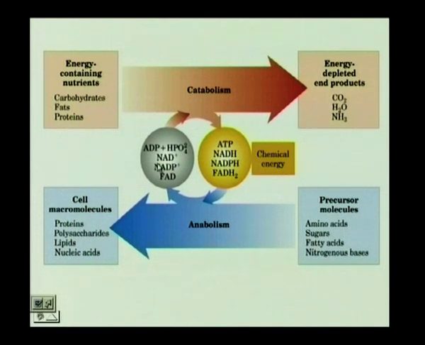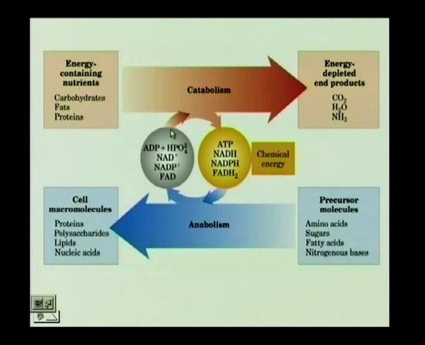Okay. And we have in this process the utilization of certain cofactors that we have already looked at. We have ADP and ATP to a large extent, we have NAD plus, we have FAD, we have NADP plus and so on and so forth.